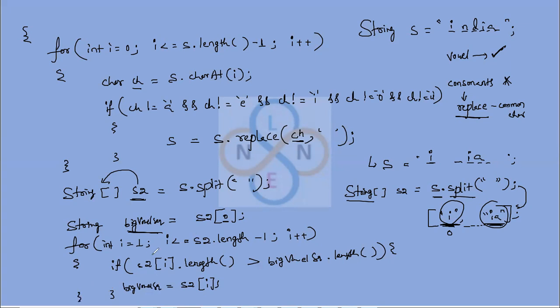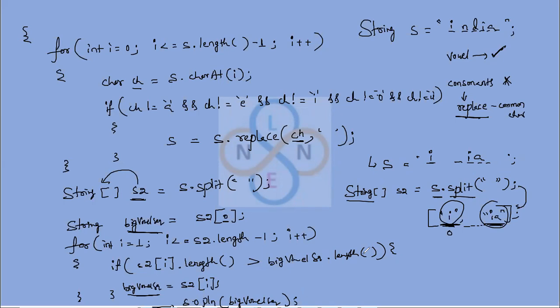Once the entire loop is completed, then finally in this bigVowelSequence variable, we'll be getting the longest vowel sequence outside the for loop. So here you can use a print statement, print the same variable name called bigVowelSequence. So this is the complete logic of how we get the biggest vowel sequence of any given string input.